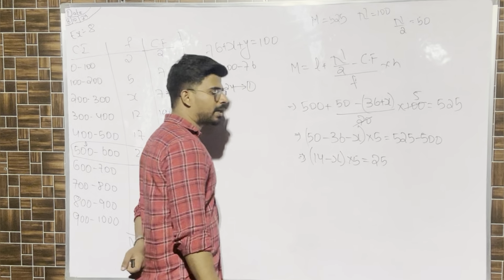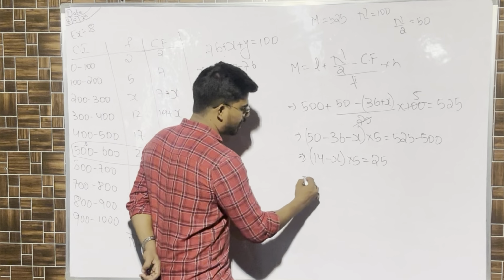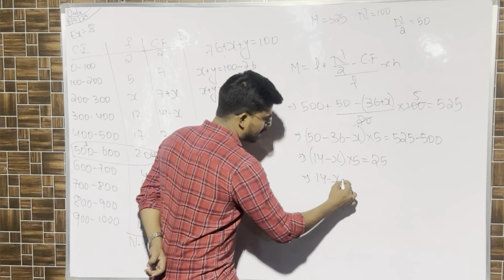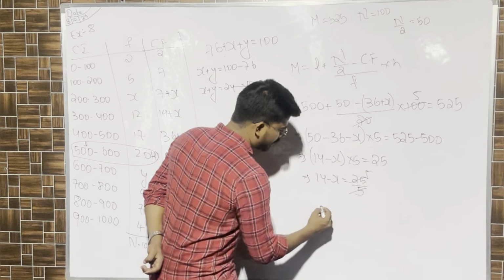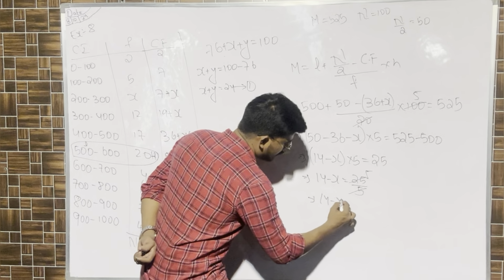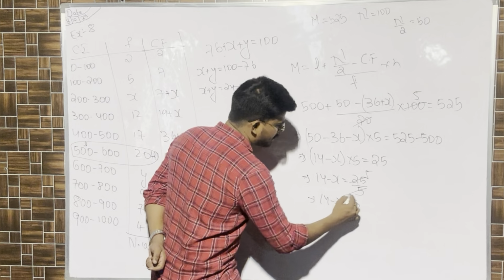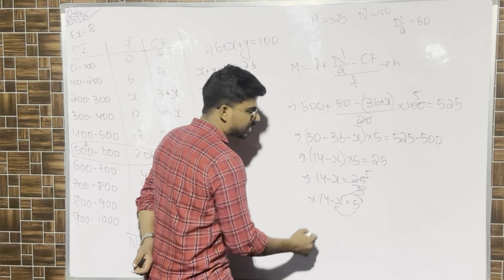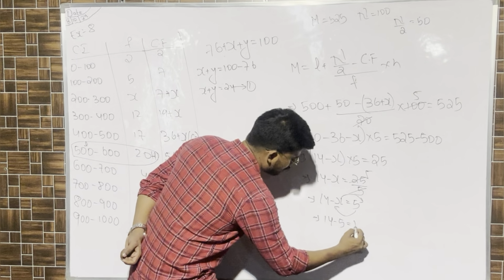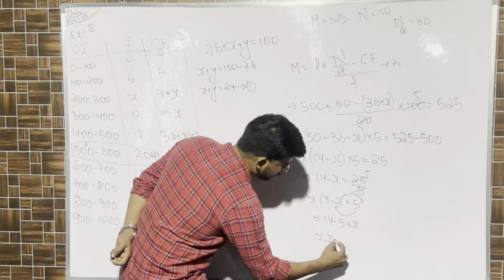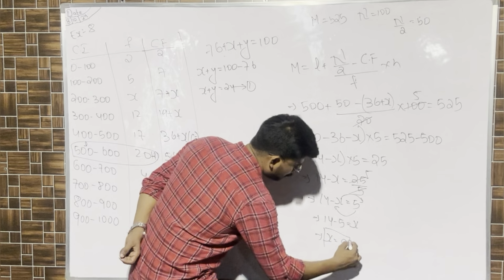If I send 5 here, it will become division. 14 minus X is equal to 25 by 5, which is 5. So 14 minus X is equal to 5. Minus X transferred here will become plus, and 5 goes there and becomes minus. 14 minus 5 is equal to X. So X is equal to 9.